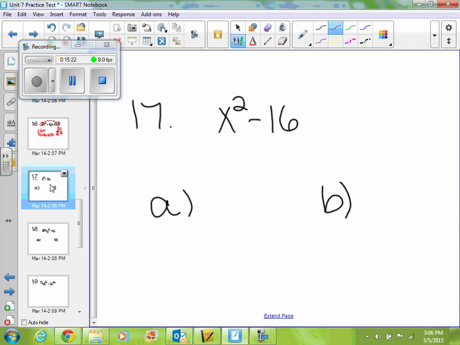Alright, then if I move on to 17, I'm told to figure out if this is the difference of two squares. So, there's two things that have to happen for it to be the difference of two squares. What do we think the first thing is? Okay, so it has to have no middle term, right? Nothing in the middle.